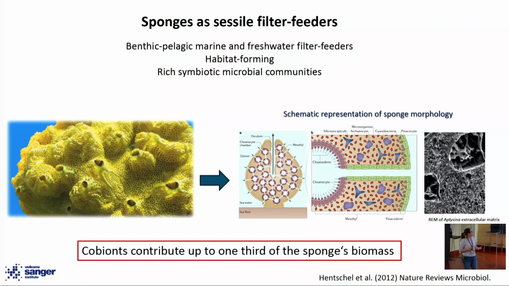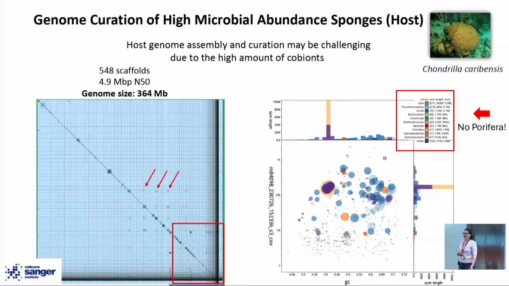If you zoom in on a sponge picture, you can see there are many pores, and the water flows through these pores. This is how the sponge incorporates most of the cobionts that live inside it. Sometimes the cobionts contribute up to 130% of the sponge biomass. So it's really a lot of cobionts.